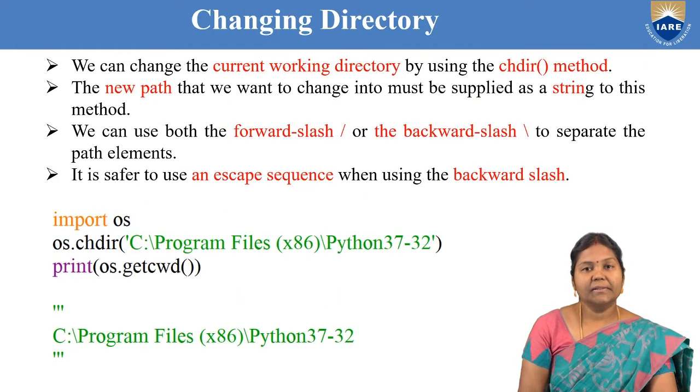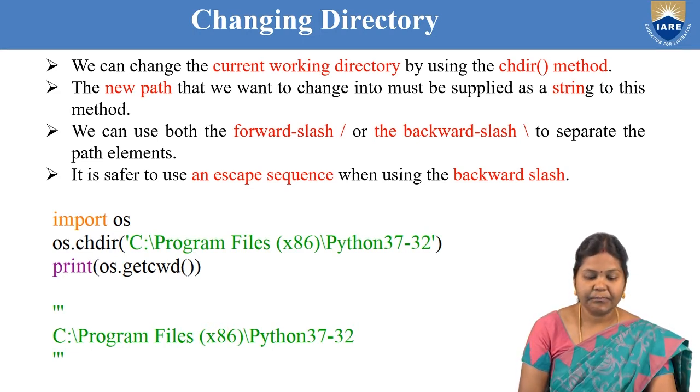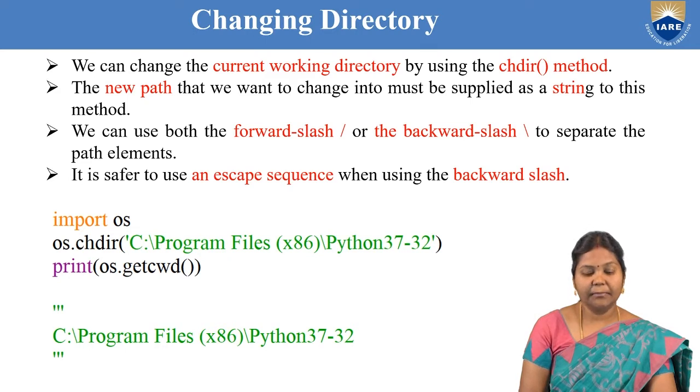Now, the next method is how to change the directory. We can change our current working directory using the chdir method. In chdir, you have to provide the new path which you want to change to. The new path should be given in the form of a string to the chdir method.